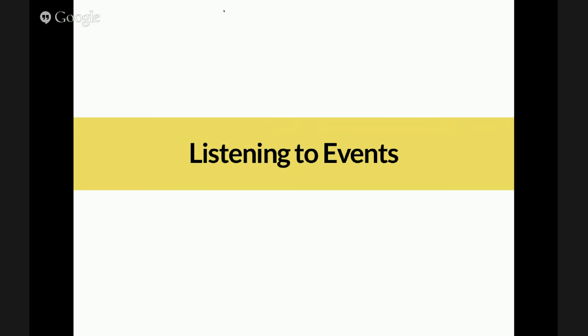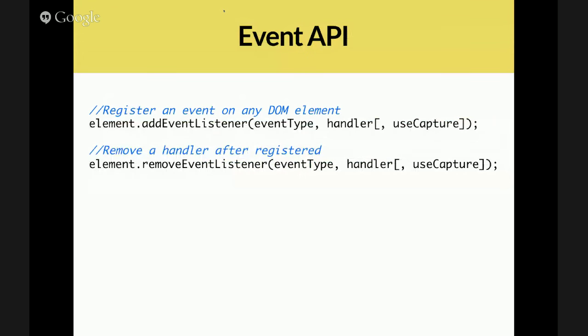So the first thing to learn is how to listen to events. The DOM on an element provides these addEventListener and removeEventListener methods, where you can provide the type of event you want to listen to. Say I want to listen to when a user clicks the page. I can put click in here and a function to call back when that click happens.